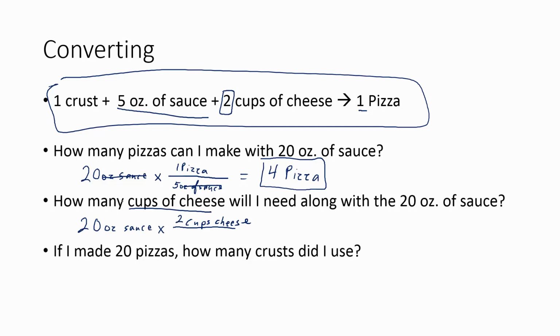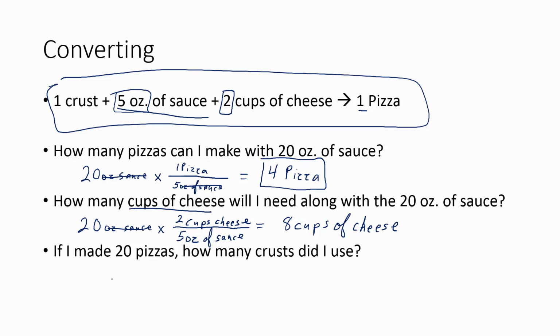And 5 ounces of sauce is going to cancel with ounces of sauce. 20 times 2 is 40, divided by 5, 8. I need 8 cups. Notice I could have gone with the 1 to 2 ratio between the 4 pizzas and the 8 cups as well. It should all work out regardless of which direction you go.